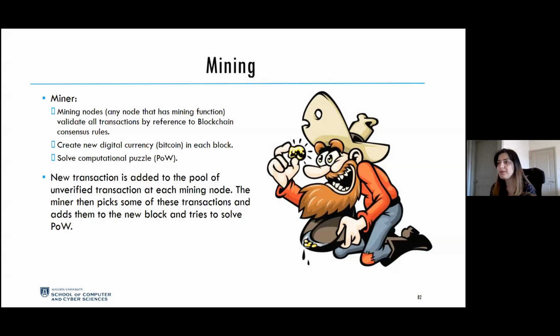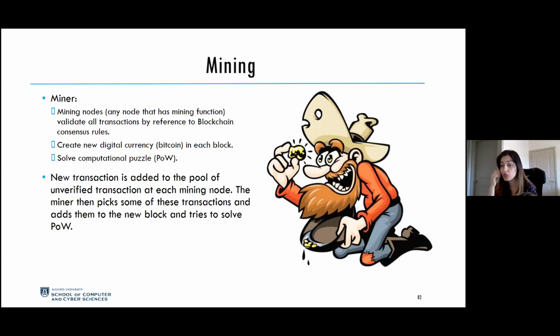That's it. So when a miner wants to actually create a new block, what he needs to do is make sure that all the transactions he wants to add to his block are correct: the signature is correct, the input refers to an output which has not been spent previously, and so on.